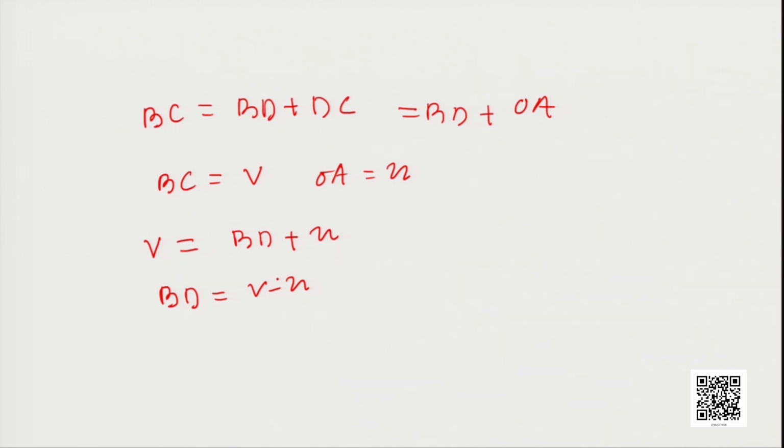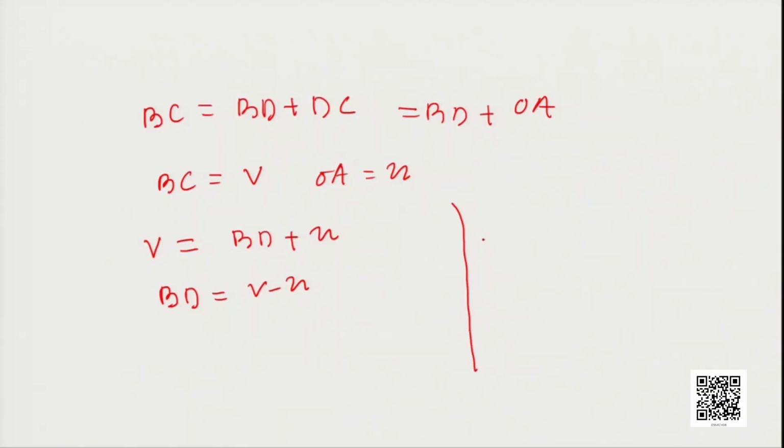Now from the velocity-time graph, the acceleration of the object is given by the change in velocity divided by the time. Here the change in velocity is BD, because the final velocity is v and the initial velocity is u, so v - u is the change in velocity.